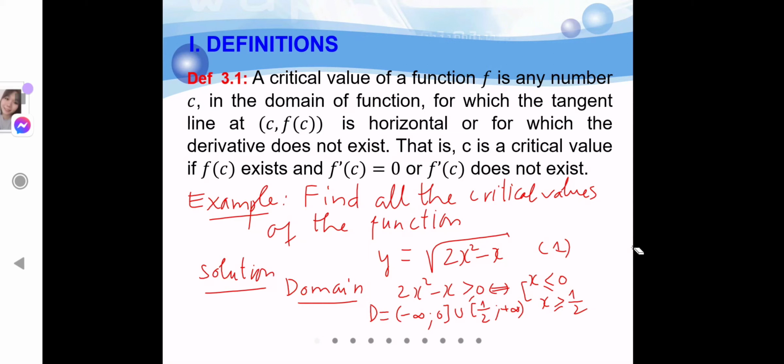Now you differentiate the given function. You find y prime equal to what expression?